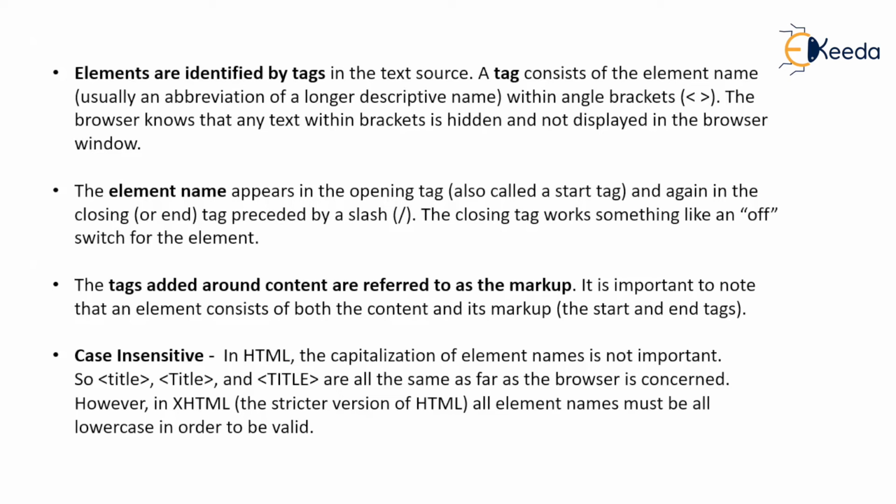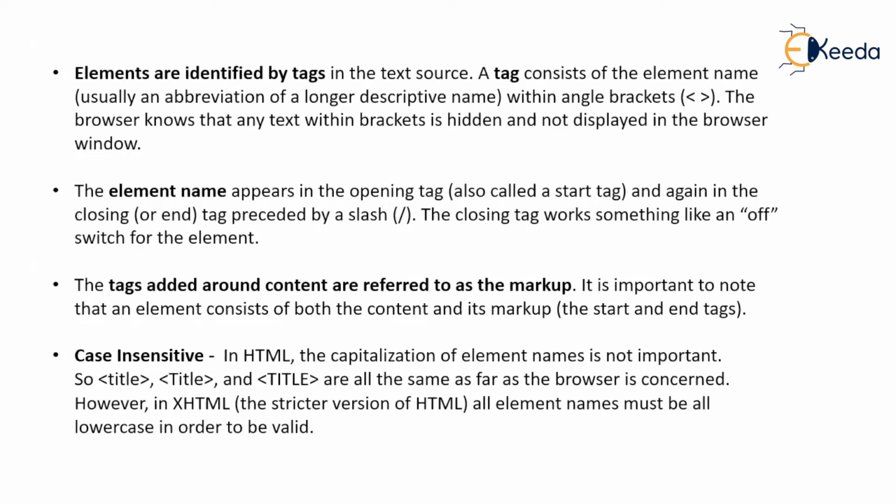Coming to the next point, the element name appears in the opening tag, also called the start tag, and again in the closing tag preceded by a slash. The closing tag works something like an off switch for the element. The tags around content are referred to as the markup, as we have discussed earlier.